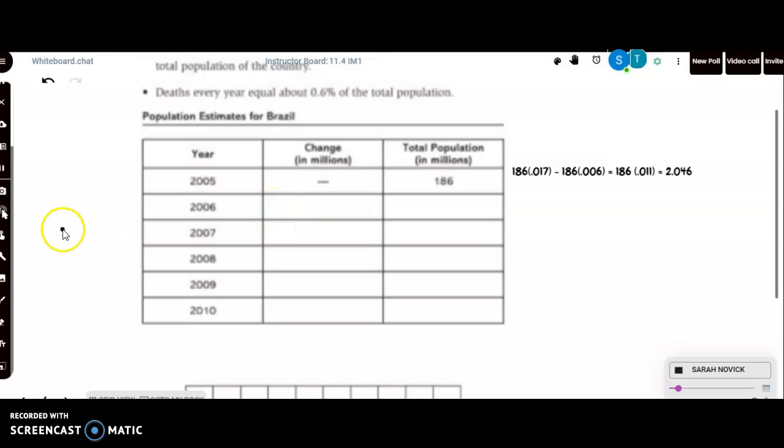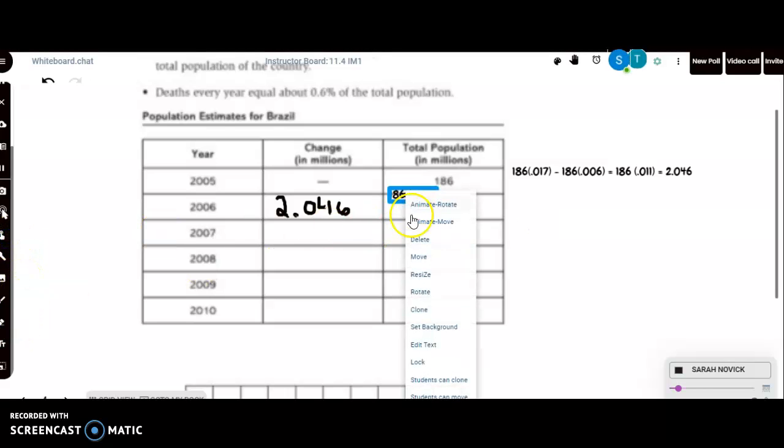So we'd fill in right here that the change in the population would be 2.046, and that means we would add 2.046 to this 186. So our new value would be 186 plus 2.046. I'll type it in small so you know where all the math comes from.